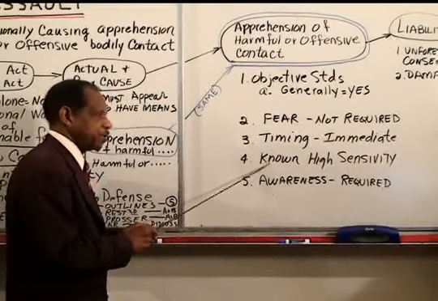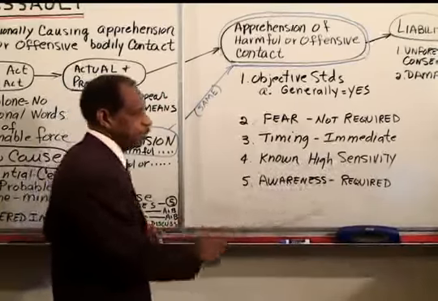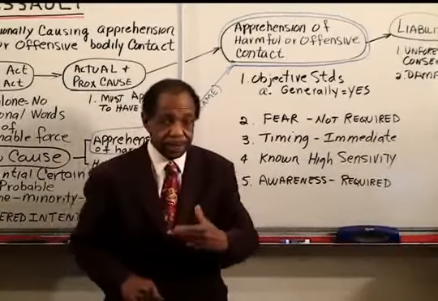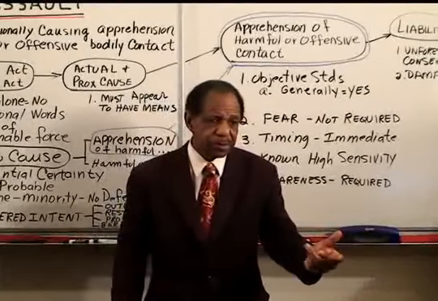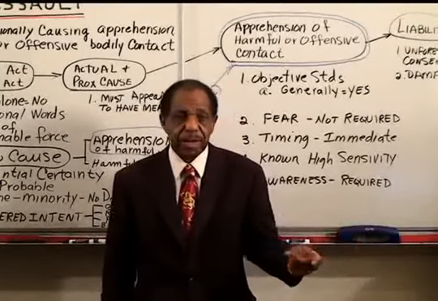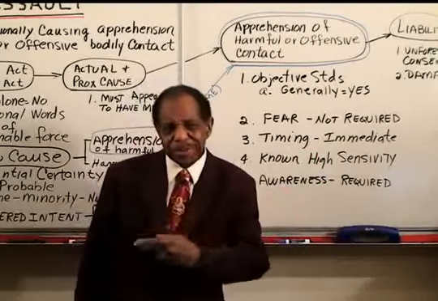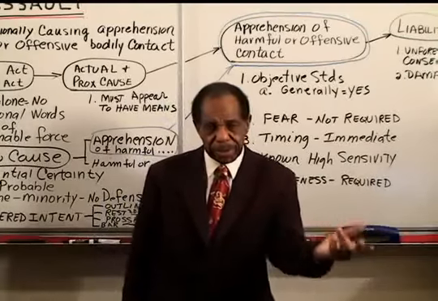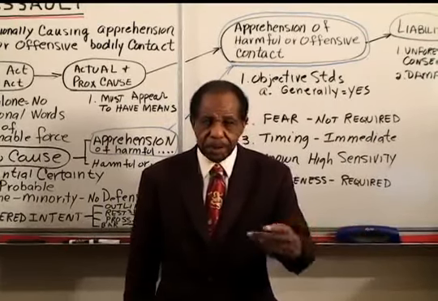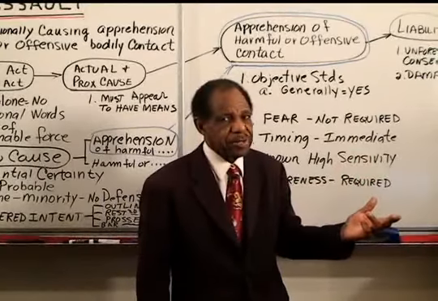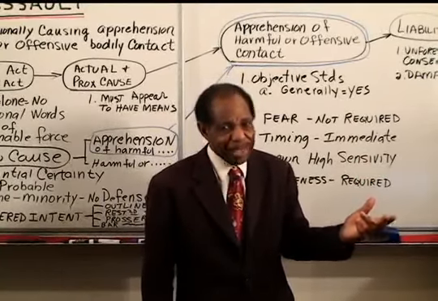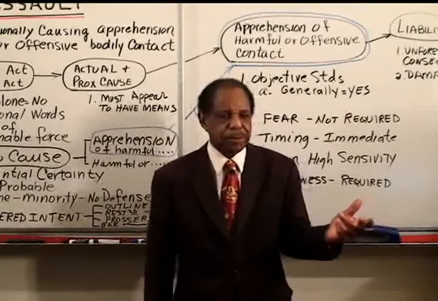Next comes the case of known high sensitivity. I am the person acting, and I know that this person over here is very sensitive to certain things that other people would practically ignore. So I do this thing with the intent to create the apprehension. Okay? But it wouldn't have created apprehension in a reasonable person. What happens in that case? There's a split of authority about that.